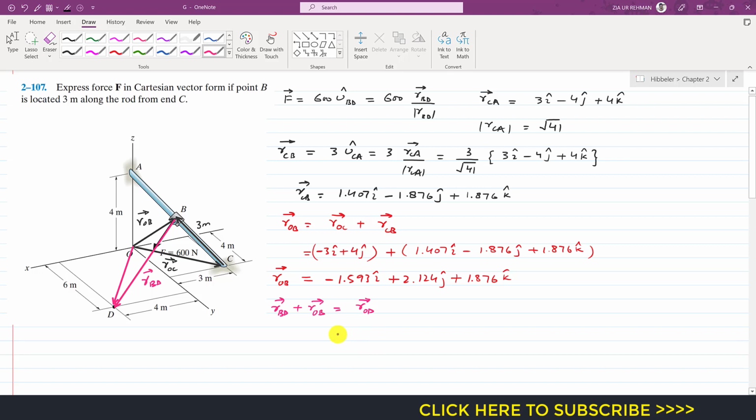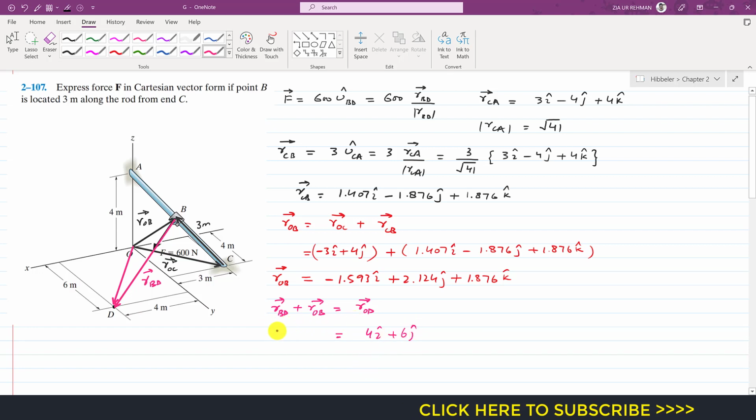Again, we can find this ROD directly. So we need to move from point O until we reach that point D. So to reach that point D, we need to move 4 meters distance in the positive I direction. So I will write 4I, and then we need to move 6 meter distance in the positive J direction. So I will write plus 6J.